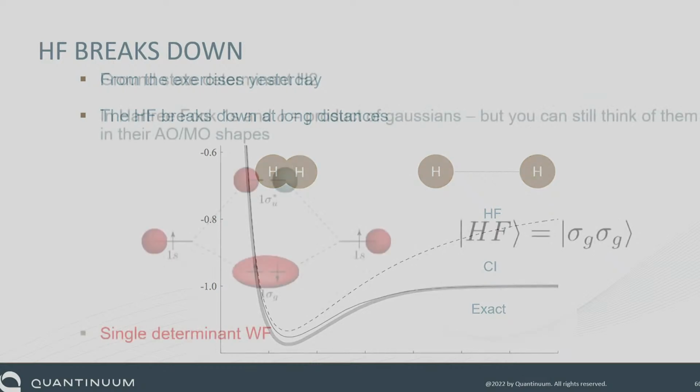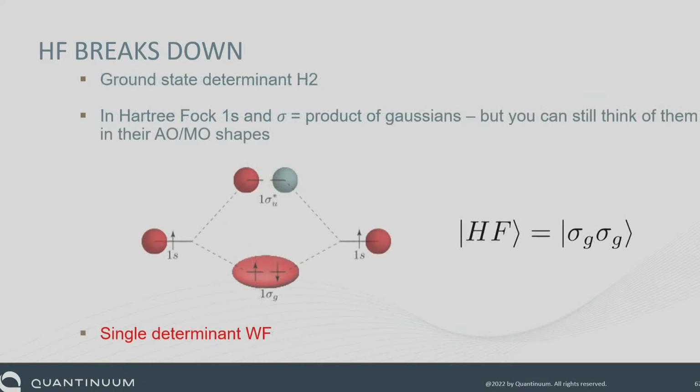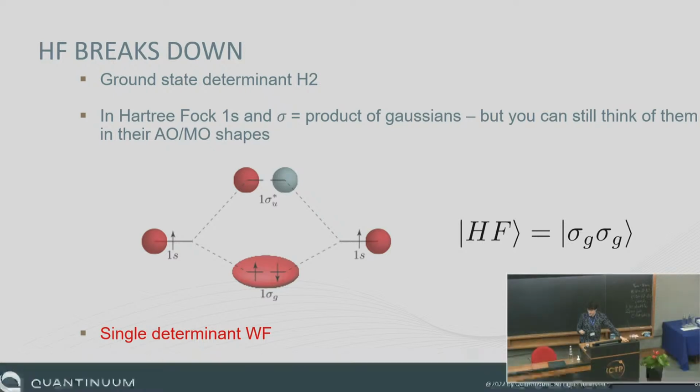If we go back to our solutions, we're not thinking about the linear combination of atomic orbitals now, we're thinking about Hartree-Fock, but the solutions of the spin orbitals are the same as you saw before in the benzene example.